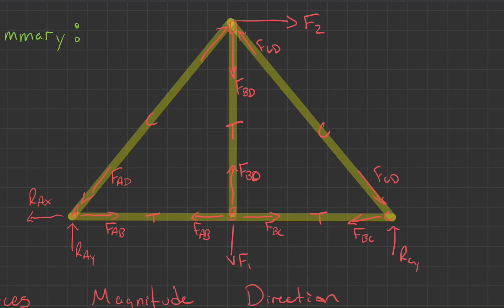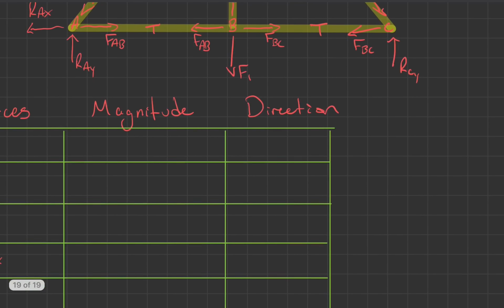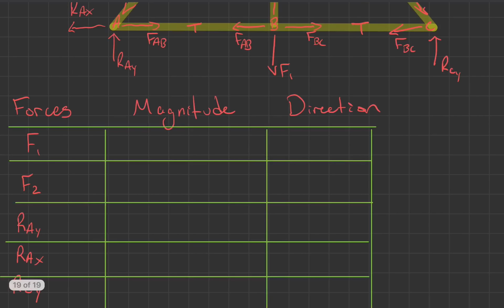We also know the force that each of these members is experiencing. So if we're trying to choose materials or redesign a bridge, we can choose something that would be good enough. So force F1, just as a summary, was equal to 500 pounds, and its direction was in the negative y direction. F2 was 300 pounds, and it was in the positive x direction.